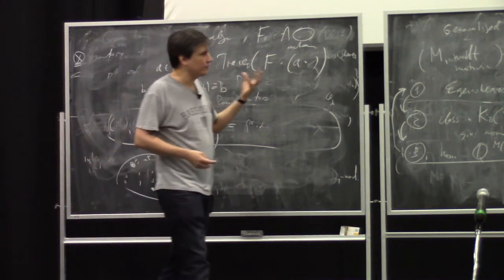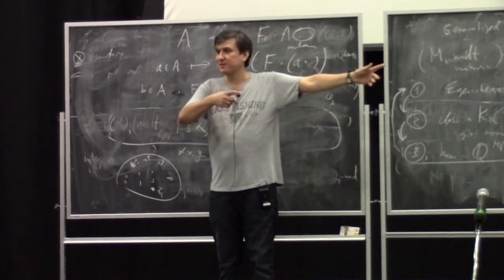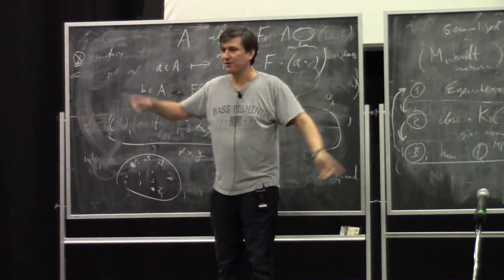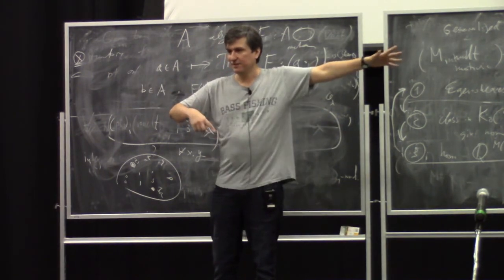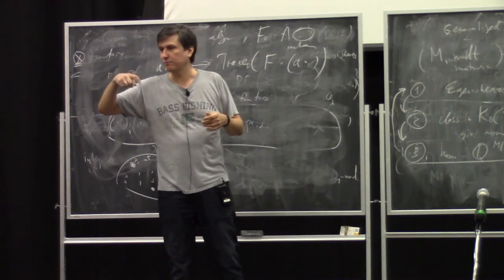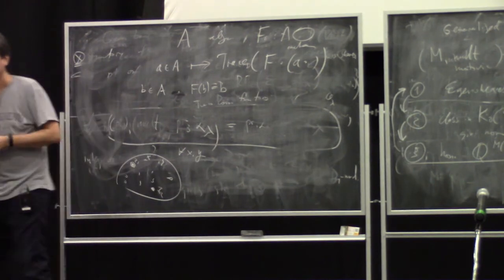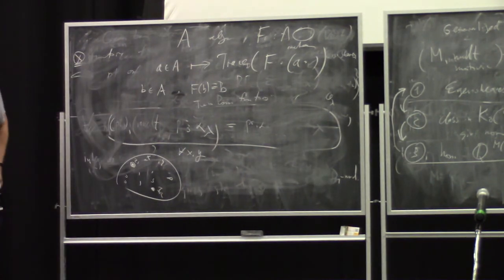And I claim if you know the kernel, you don't have to invent them. Particularly in this example, I can write explicitly the formula for the Greenfield moduli space. It's just substituting in this kernel x1, x2 equal to x1 to the power q. Essentially, that's it.